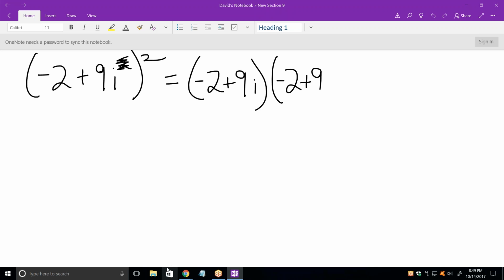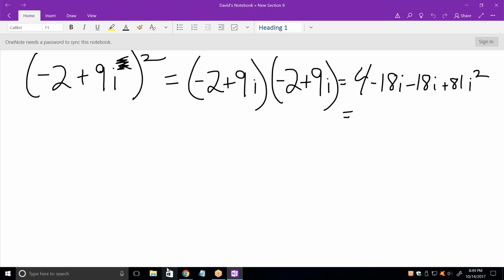So then we have 4 minus 18i, and then minus 18i plus 81i squared. Simplify.